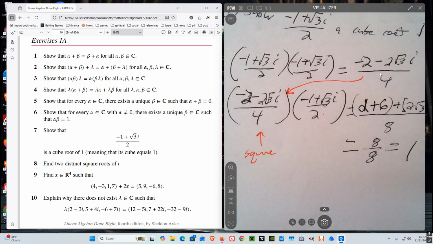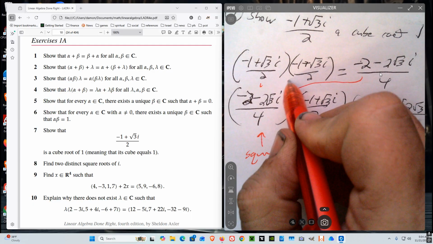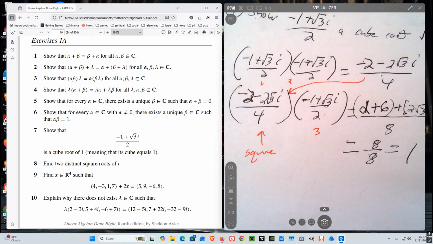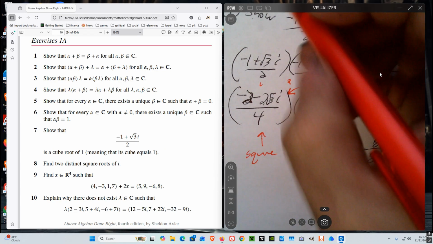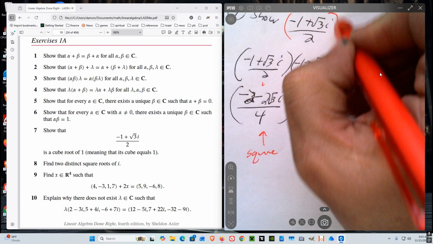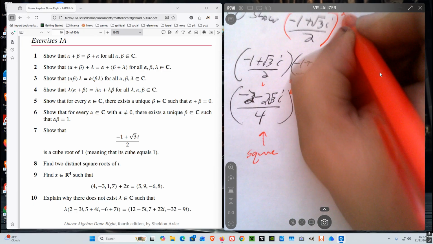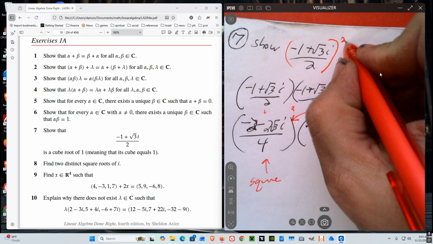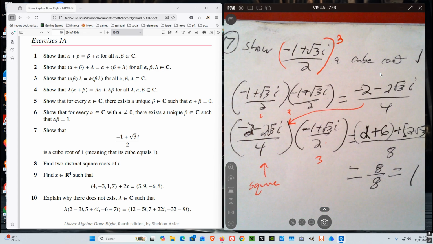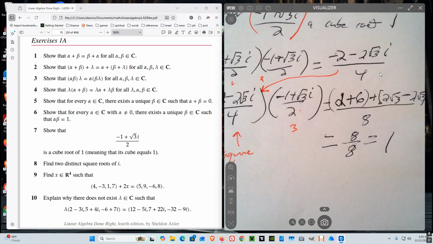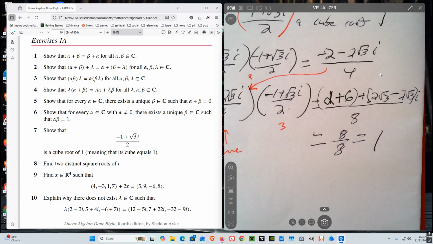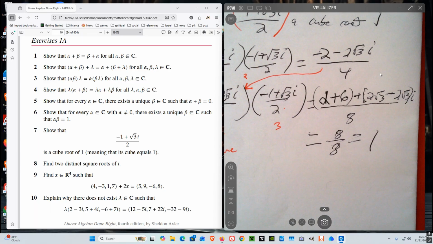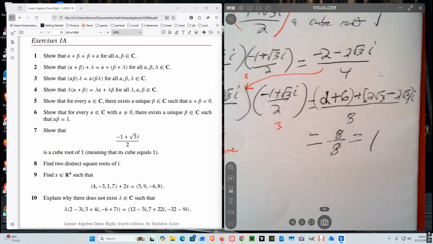Here's 1, here's 2, and this is the third one that I'm multiplying. So what I'm doing is -1 plus root 3i over 2 to the third power. That's what I'm doing to cube it.